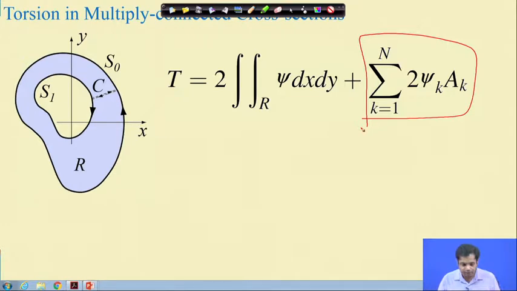So, this is the expression for torsion, how the torsion is related to the stress function psi. Let us now demonstrate that through an example, but the procedure will be the same. We start with an assumption of psi, but when we assume that psi, the condition is that the integral of dψ/ds has to be equal to 0.